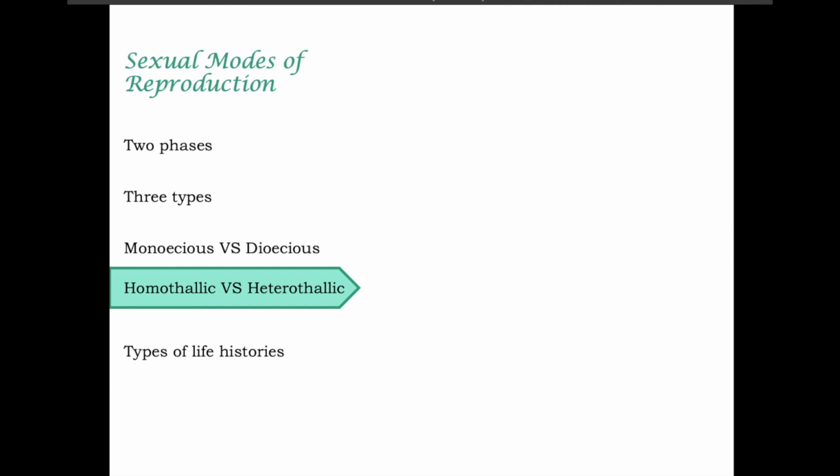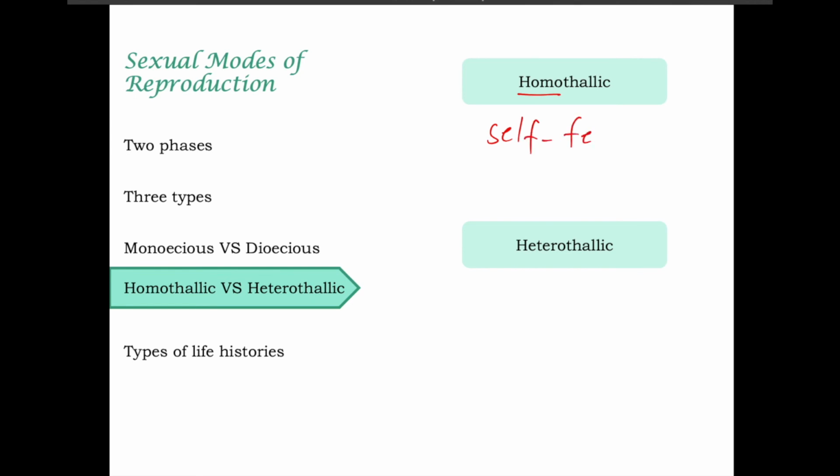Okay. Now, moving on to the homothallic and heterothallic, the difference is when you say homothallic, from the word homo, it is self-fertile. When you say heterothallic, that's again self, but this time it's self-sterile. Okay, self-sterile, self-fertile. What do we mean by self-sterile?